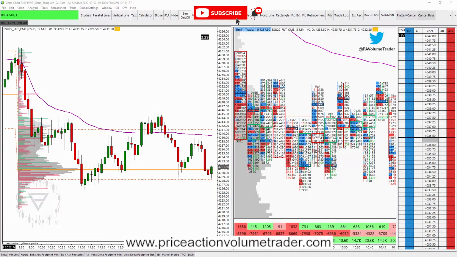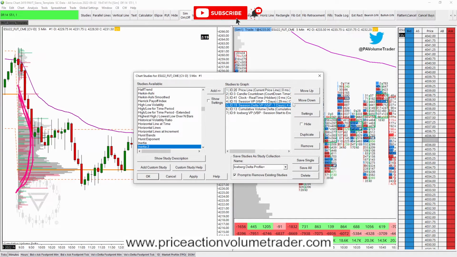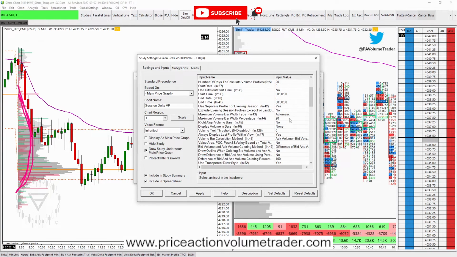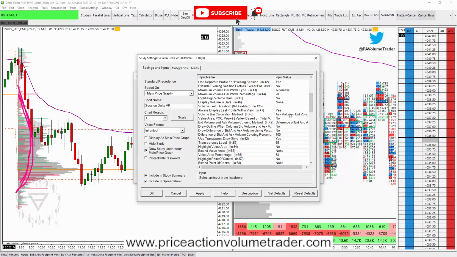And I'm going to show you, I use two tools mainly to identify absorption. I use either a delta volume profile, which in Sierra Chart is basically a volume profile, but instead of showing total volume, what we are showing is ask volume minus bid volume. So basically delta.